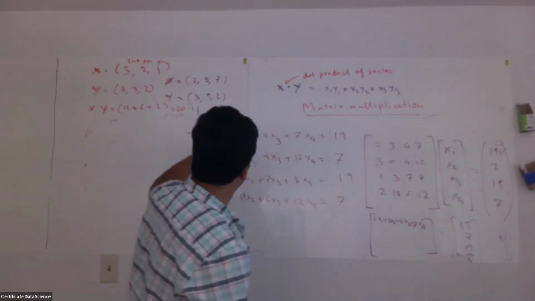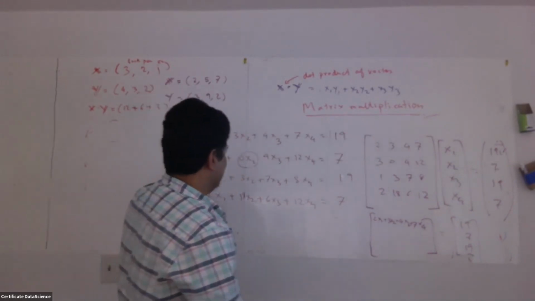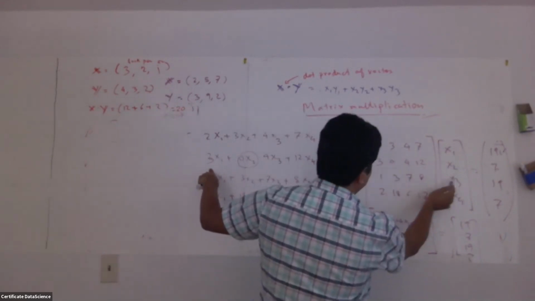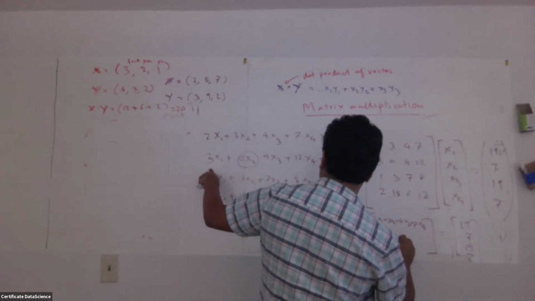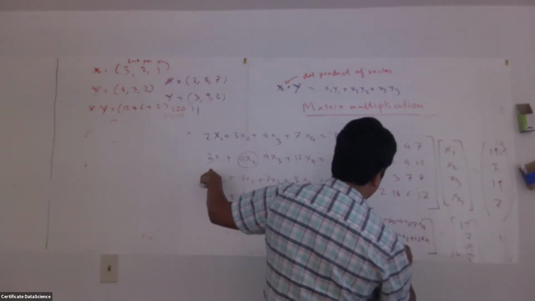Think about this and look at this. It's the same one. This will also be very similar. 3x1, this 0 multiplied doesn't matter, 4x3, 12x4, and so on.